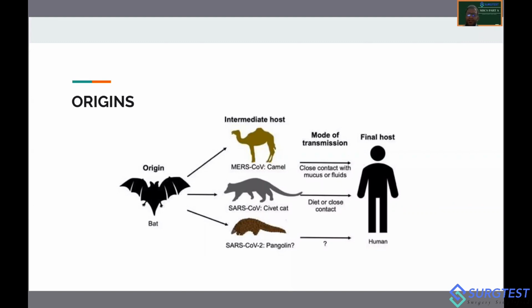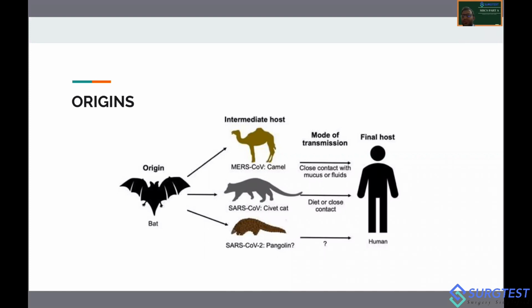Coming back to the origins, the SARS-CoV-2 virus was initially a bat virus, and that has been responsible for a multiple number of infections in humans. One of the early ones was the MERS coronavirus, which started in Saudi Arabia.